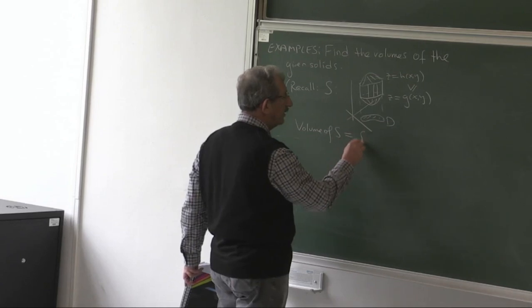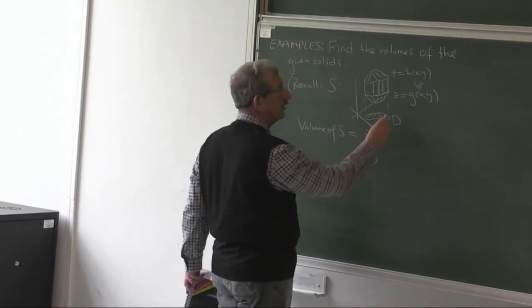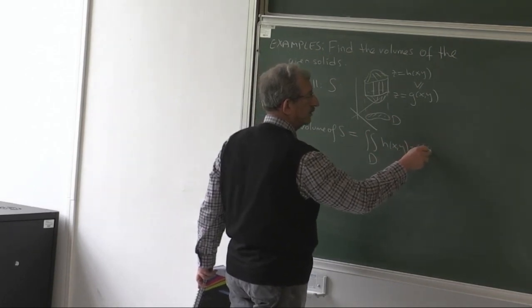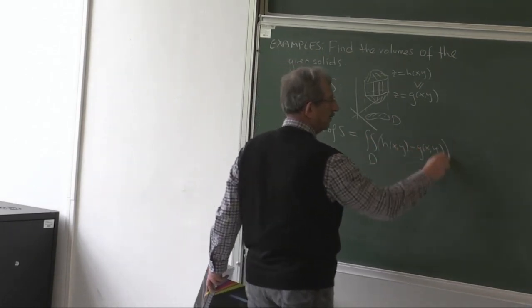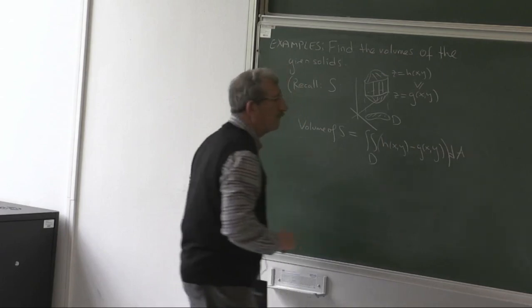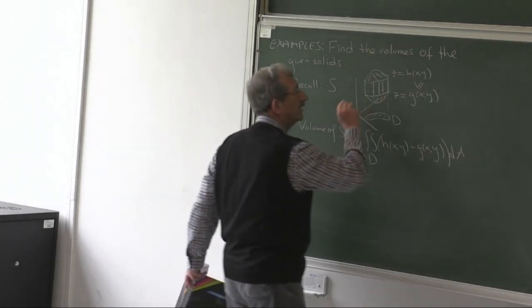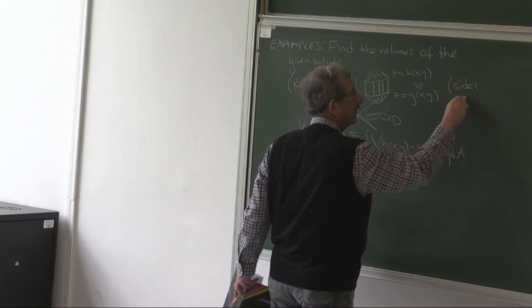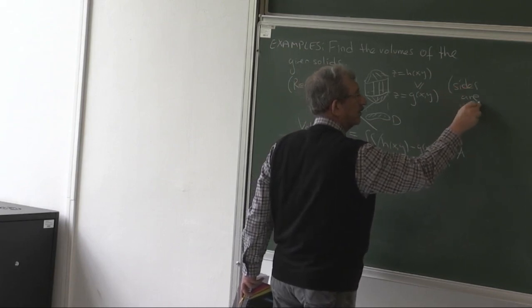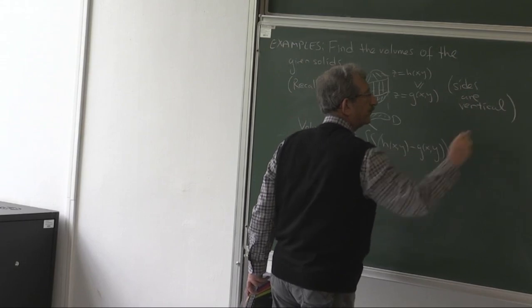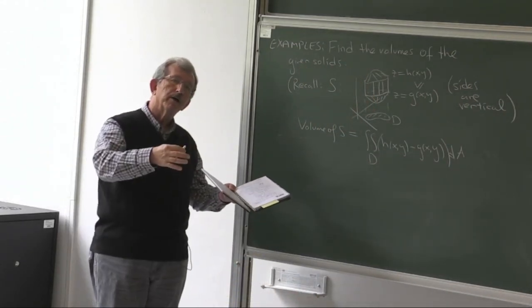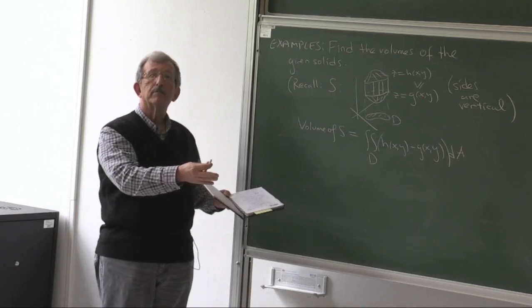This would be directly the double integral over D of h minus g dA. Of course, here the sides are vertical. Namely, when you look from the top, you see D at the bottom.